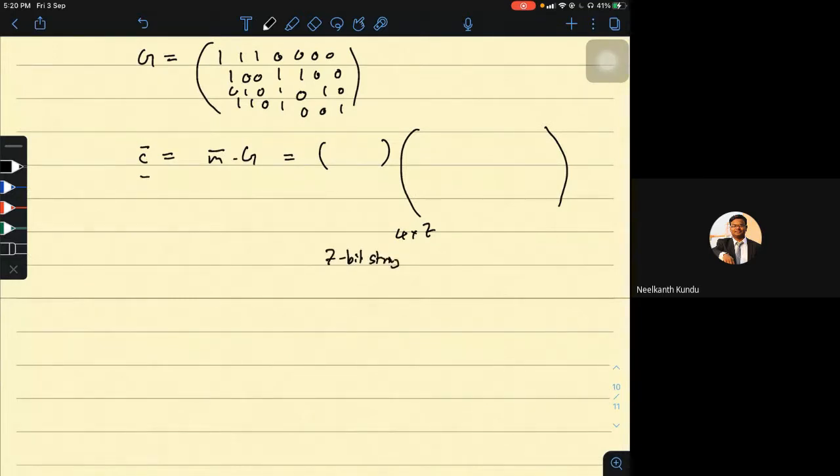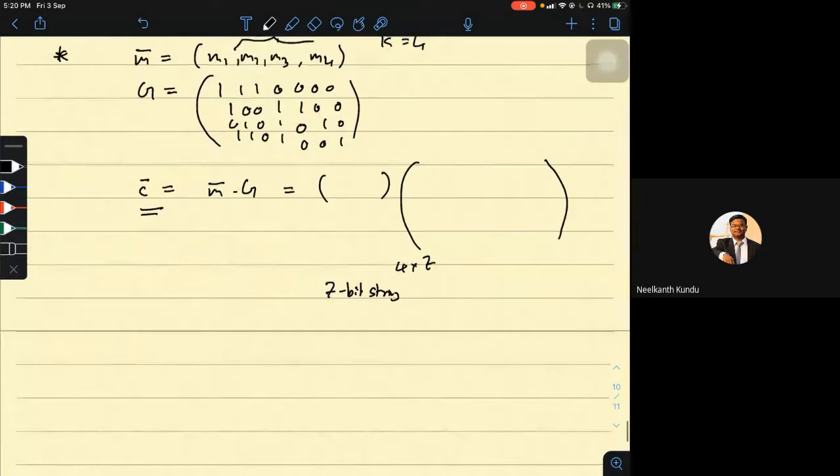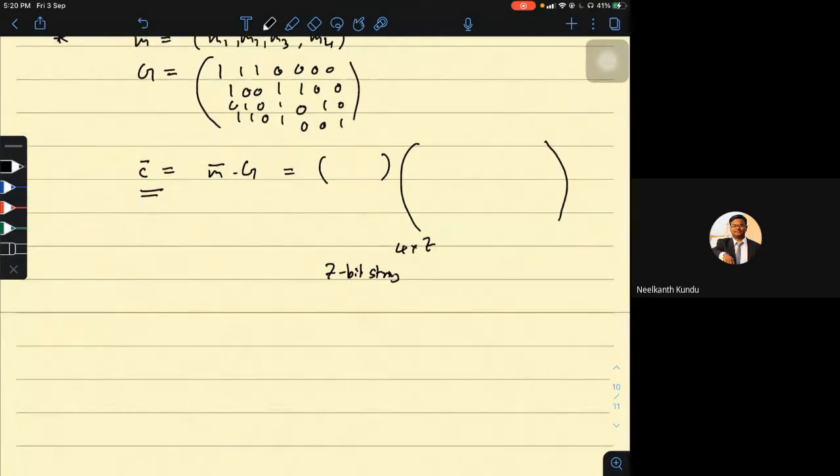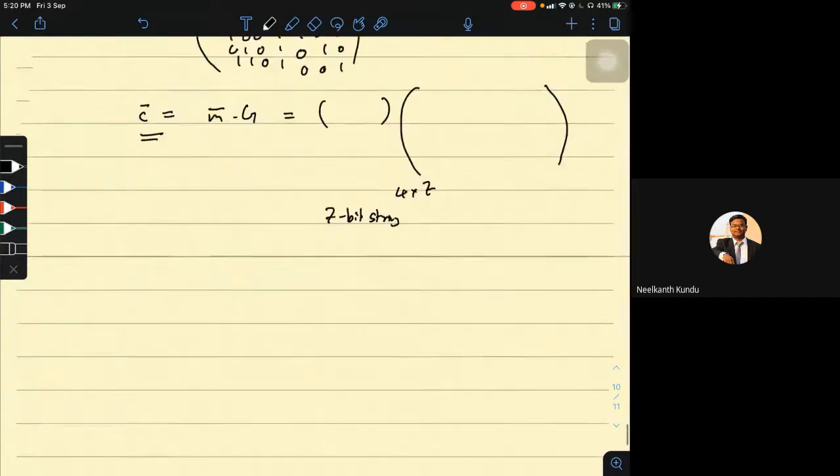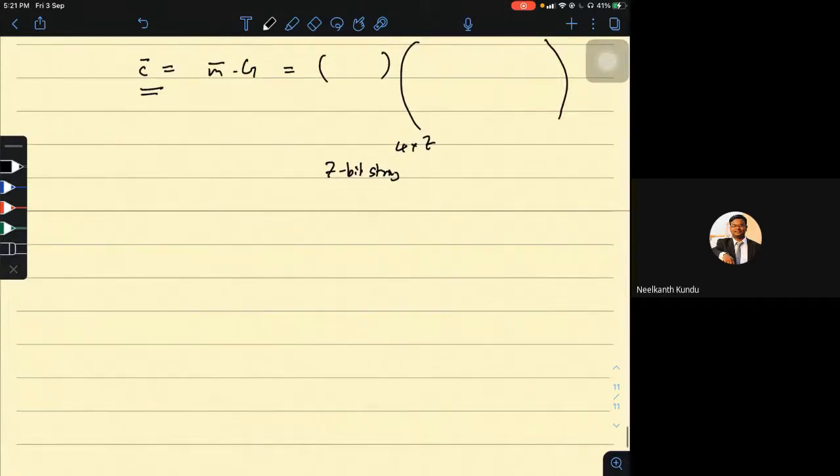This 7-bit string is my code word. Since these are represented by linear operations, multiplication of matrices, which is a linear operation, these are called linear codes. For linear codes, if I have C1 and C2 belonging to the code space C, then C1 plus C2 will also belong to the code space C. By code space C, I mean all possible code words.